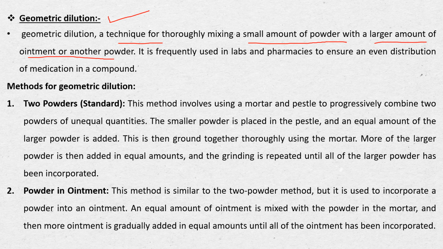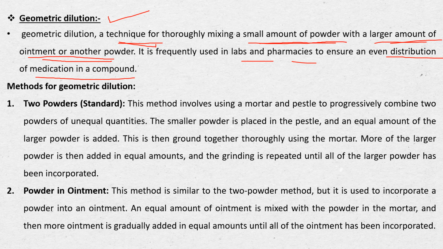Okay, so basically it is a technique which mixes a small amount of powder with a large amount of ointment or any other powder. It is frequently used in labs and pharmacies to ensure an even distribution of medication in compounds. So it ensures the equal distribution of the material.